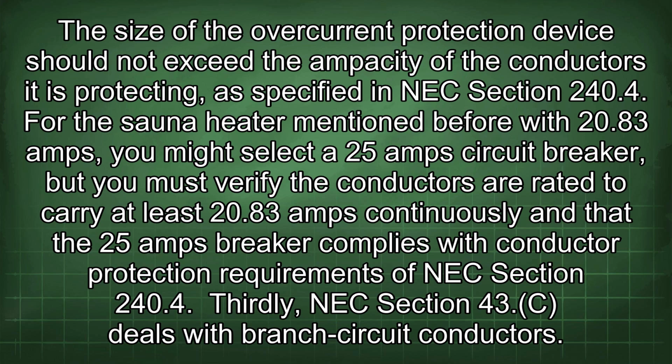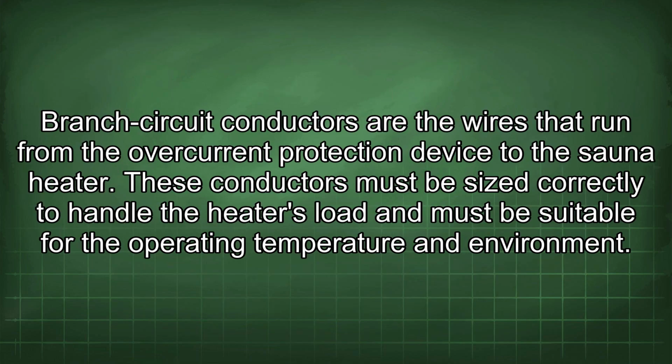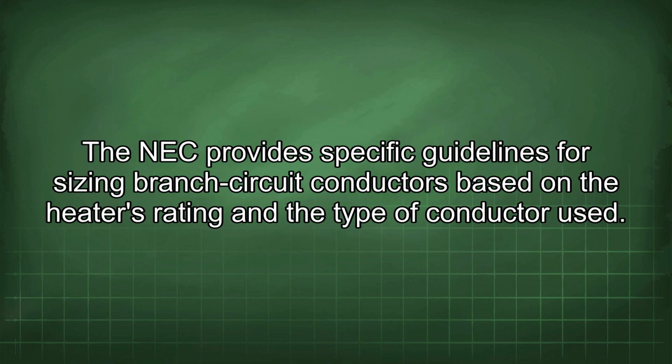Thirdly, NEC Section 43(C) deals with branch circuit conductors. Branch circuit conductors are the wires that run from the overcurrent protection device to the sauna heater. These conductors must be sized correctly to handle the heater's load and must be suitable for the operating temperature and environment. The NEC provides specific guidelines for sizing branch circuit conductors based on the heater's rating and the type of conductor used.